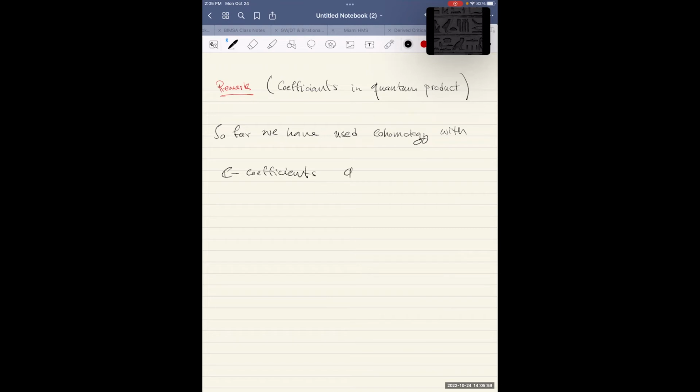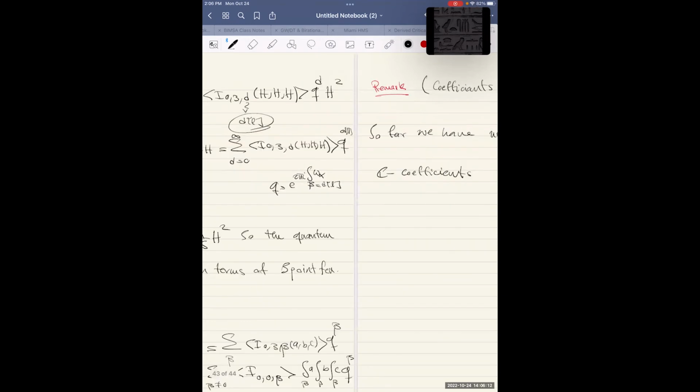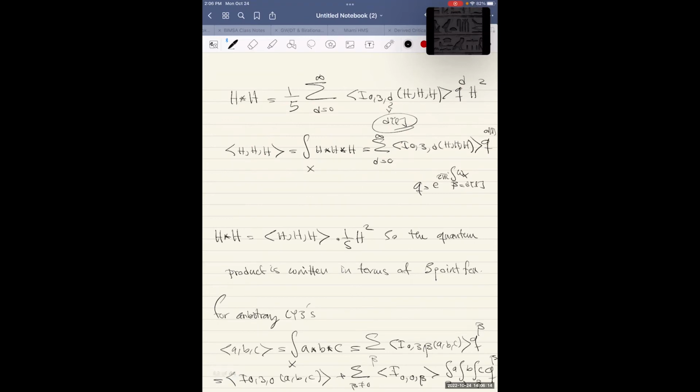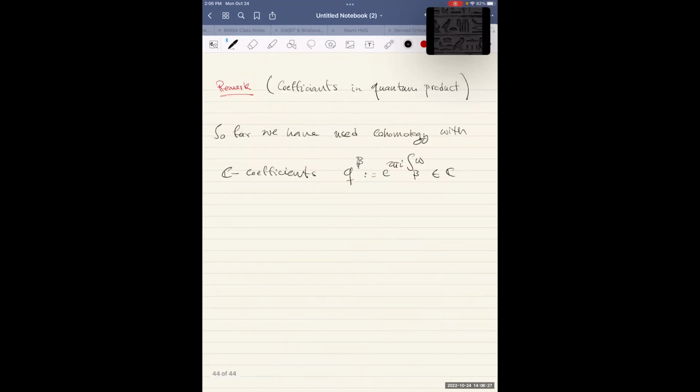We have seen that, for instance, Q to the beta, we defined as e to the 2 pi i integral of omega against beta, and this is clearly a complex number. So the product that we are calculating over and over is going to give us a complex number times the cohomology class. Here, with just a 3-point function, it is literally a number.